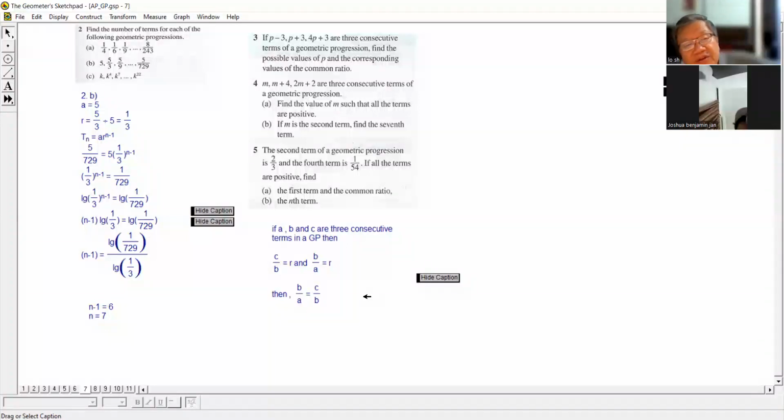But for an arithmetic progression it is C minus B equals B minus A. It's minus, but for geometric, it is divide. Now we look at question number 3 again. So I take this (4p plus 3) divided by (p plus 3) equals (p plus 3) divided by (p minus 3).